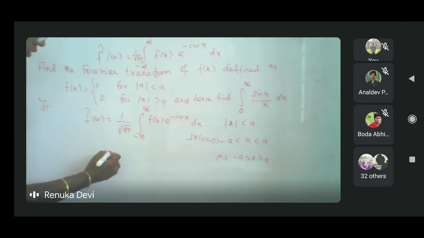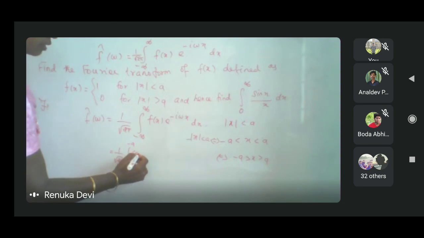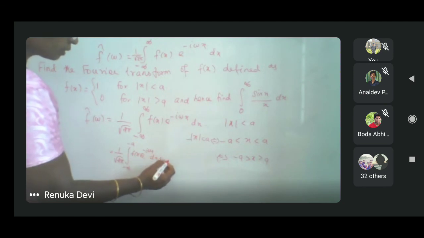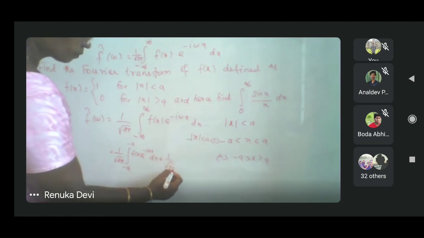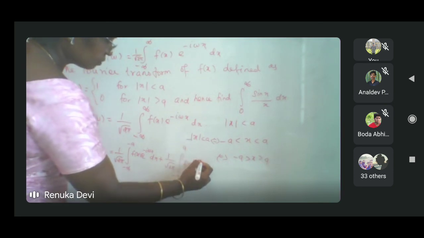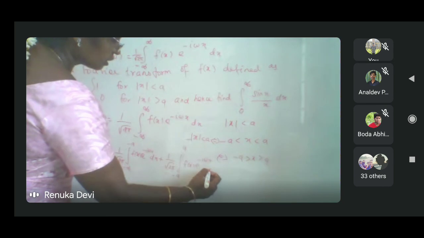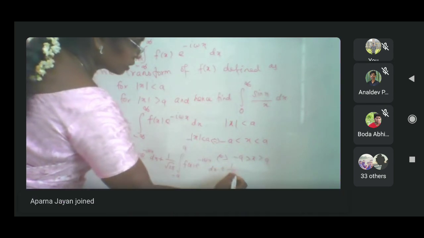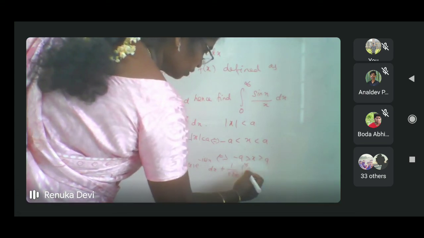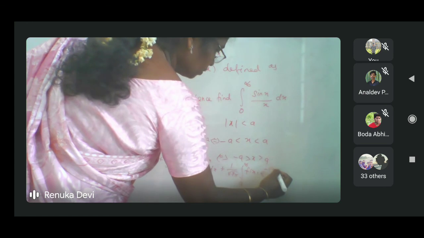This is equal to 1 by root 2 pi integral from minus infinity to minus a of f of x e raised to minus i w x dx, plus 1 by root 2 pi integral from minus a to plus a of f of x e raised to minus i w x dx, plus the third integral 1 by root 2 pi from a to infinity of f of x e power minus i w x dx.